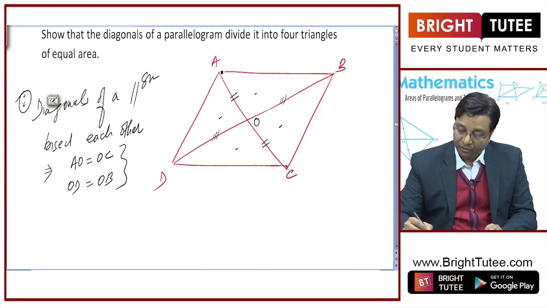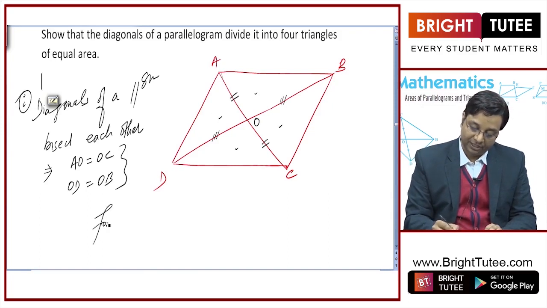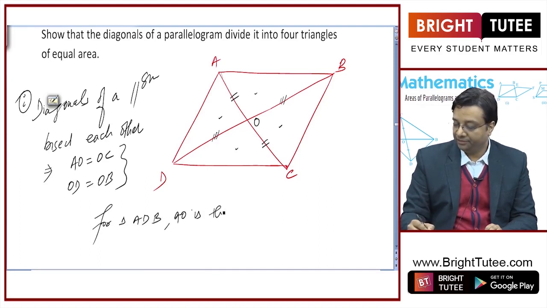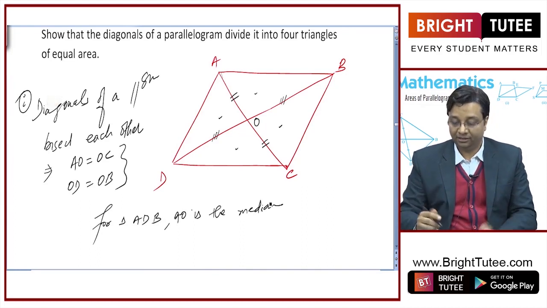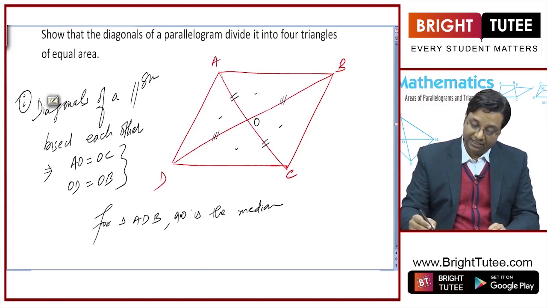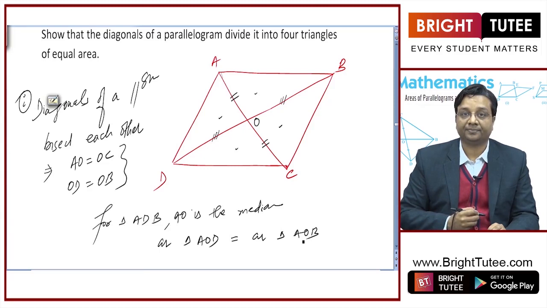See, AO is median for triangle ADB, because it bisects this side DB. So, it is obviously median. Hence, I can say area of triangle AOD is equal to area of triangle AOB.